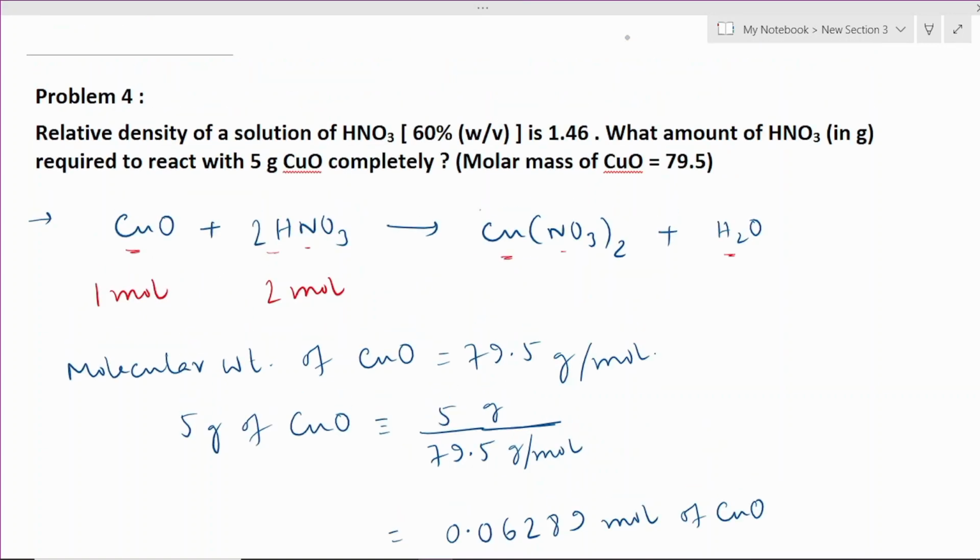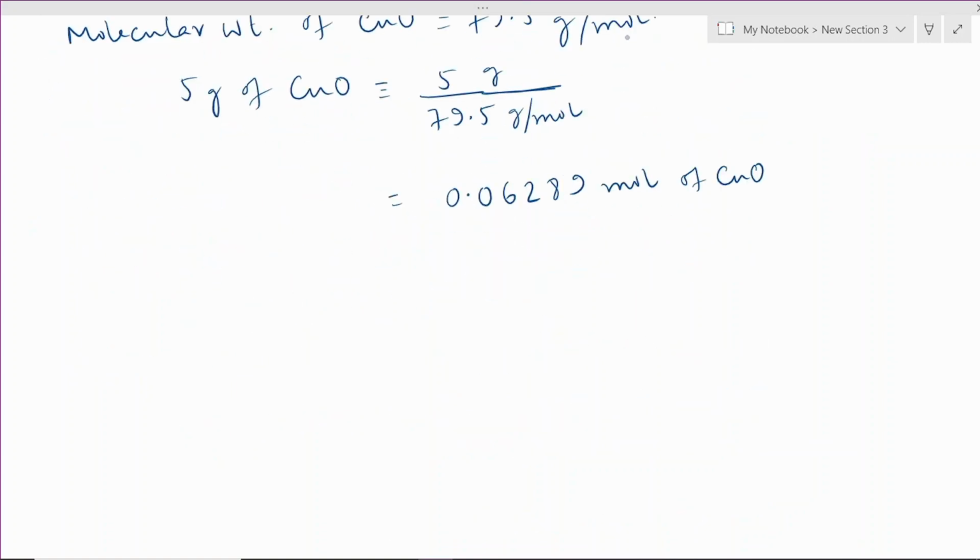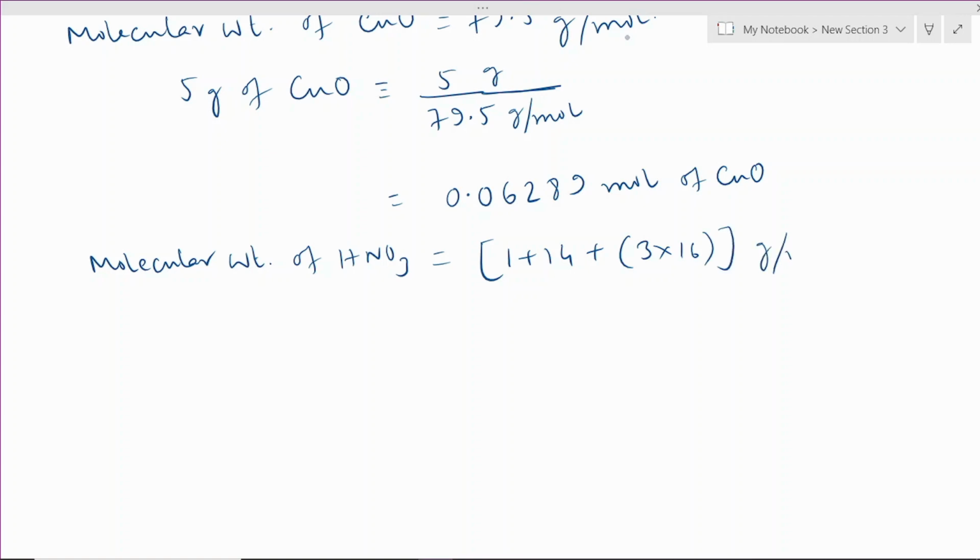And we know the molecular weight of nitric acid is 1 plus 14 plus 3 into 16 gram per mole, that is 63 gram per mole.